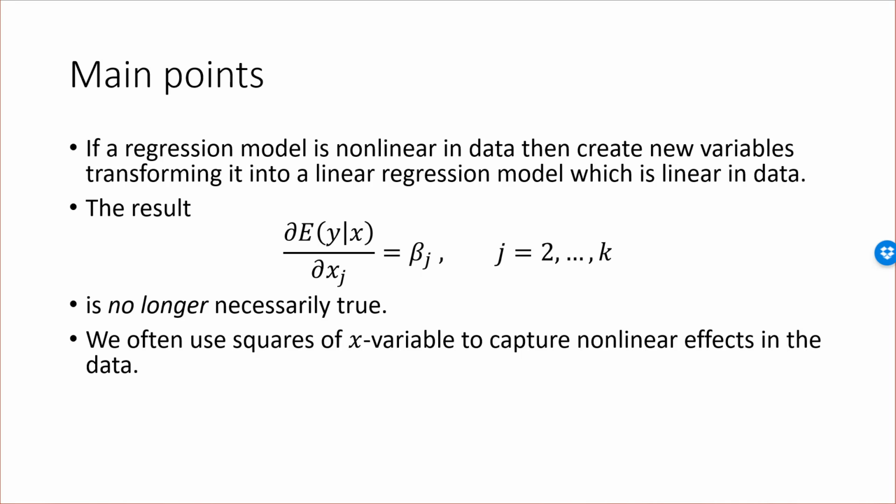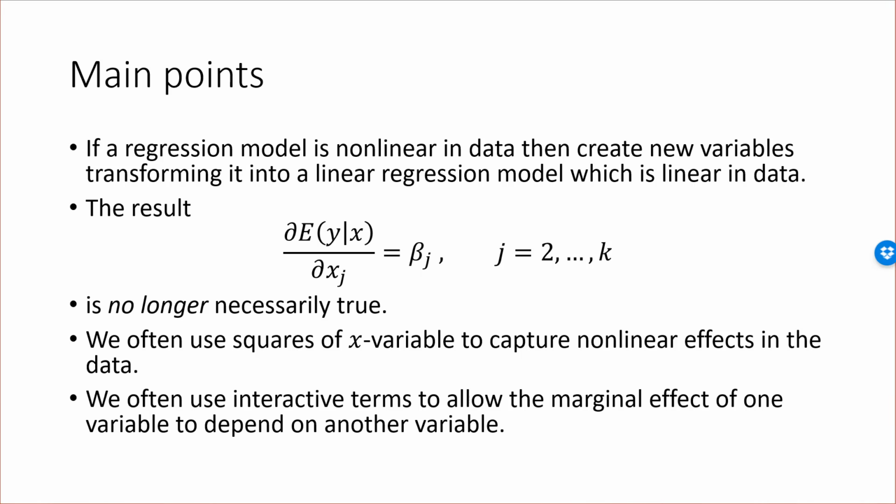Another important nonlinearity to consider is the interactive terms. We'll get to that a little bit later. So here is the example that we've been considering. We believe that there is a nonlinear relationship between x and y, so we've added the square of x to our model as well.